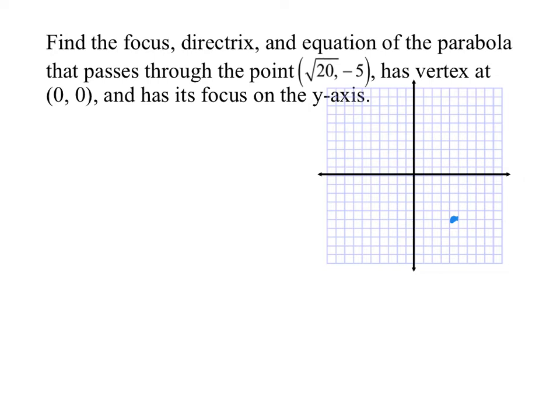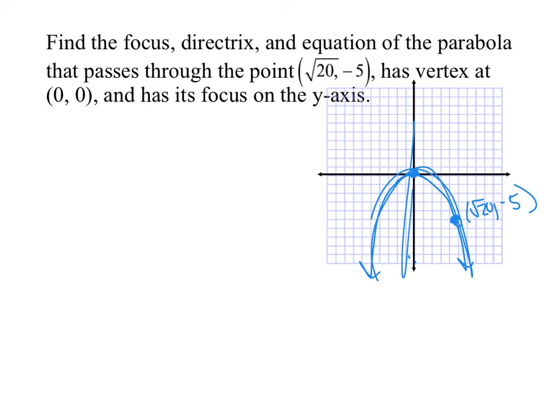And the vertex is at 0, 0. And the focus is on the y-axis. So the focus is somewhere here. So that means we know it has to be opening down based on where this square root of 20, -5 point is. Okay, so if your focus is on the y-axis, that means it's going to have to open down based on where this point is.